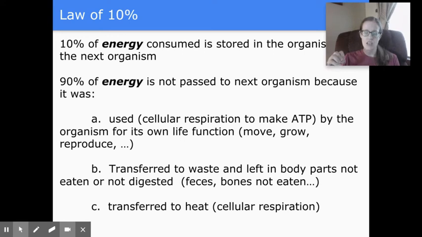And then a lot of the rest of it gets transferred into heat. So all of that makes up 90% of the energy that gets eaten by an organism. So it gets used, it gets transferred into waste, it doesn't get eaten in the first place, it gets transferred to heat, and then only 10% of it gets stored in the organism.